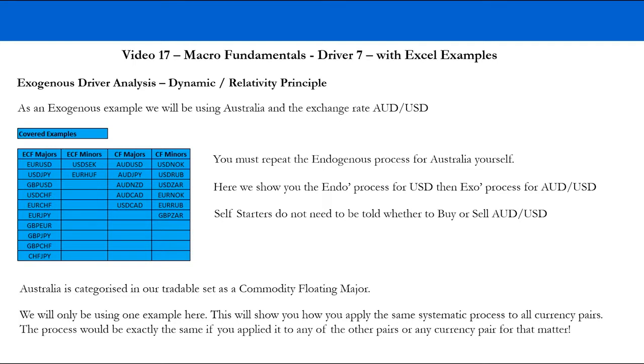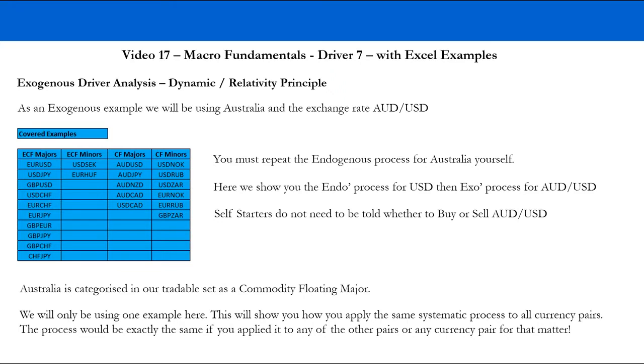So go out there, build your endogenous analysis, and then apply it to the overall process that we've been through. So you'll have a US dollar endogenous analysis, an Aussie dollar endogenous analysis, and then you'll have the exogenous analysis of the two taken together, which is what we're going to do now. So what we're showing you here is the process that you would go through as a professional trader, hedge fund manager, to get to the final answer.